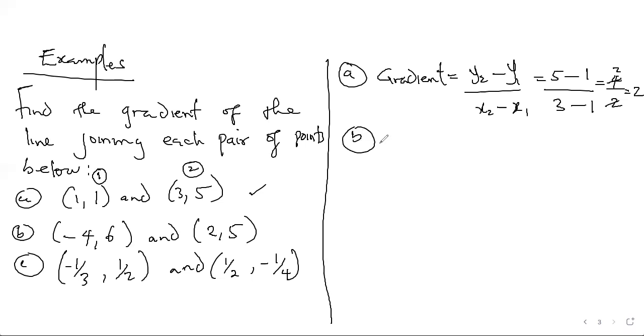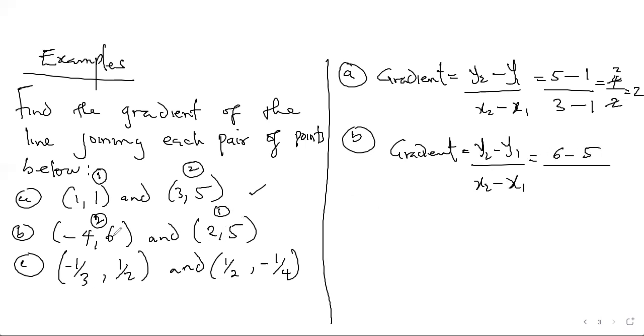Then the second question, the gradient will be y2 minus y1 over x2 minus x1. If I call this point 2 this time around, and this point 1, then my y2 will be 6 minus 5, divided by, then my x2 will be minus 4, and my y2 will be 2.